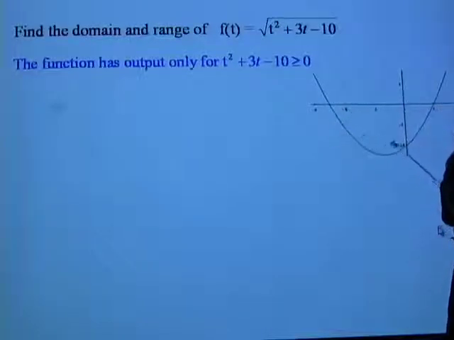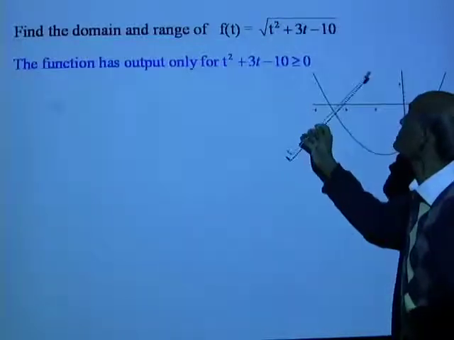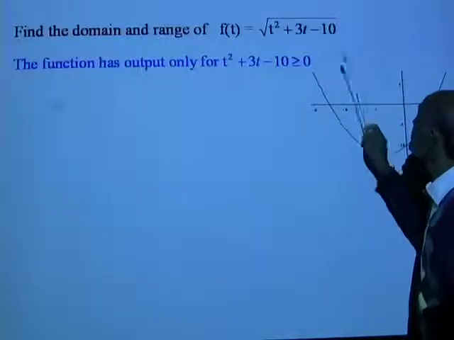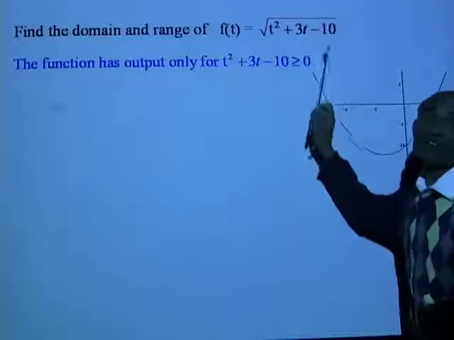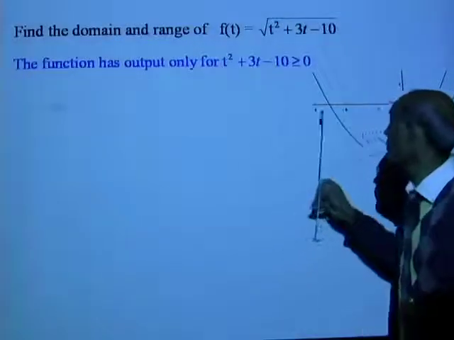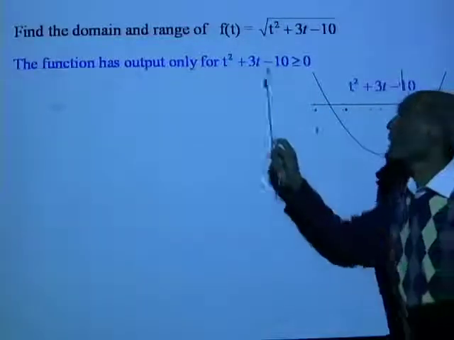The graph of that is negative. That means for any value of t greater than -5 and less than 2, this quantity will be negative, and the square root of a negative quantity will be undefined. Therefore, these values cannot be in the domain of this function.